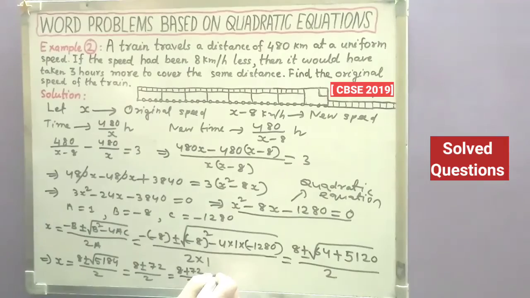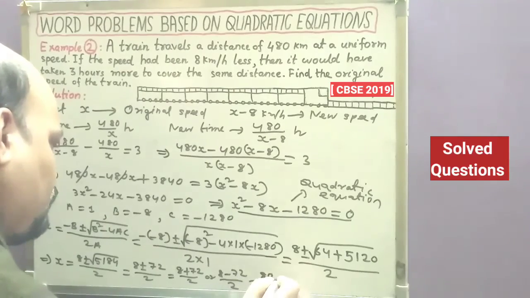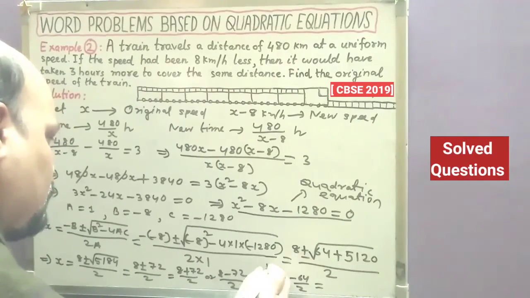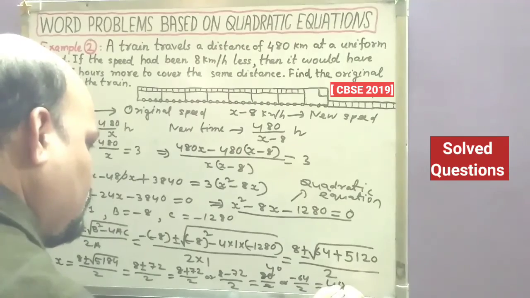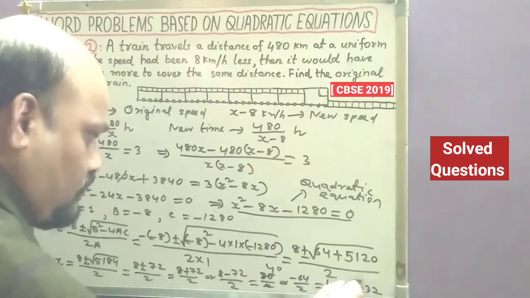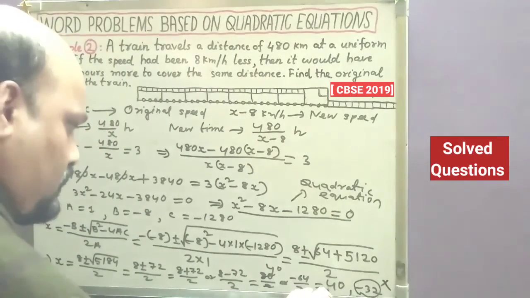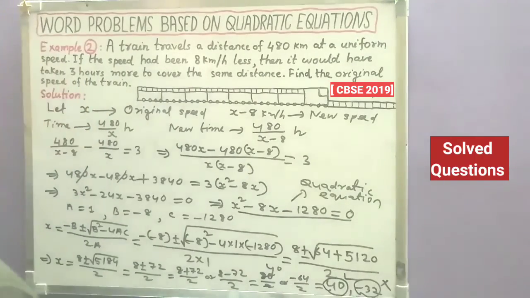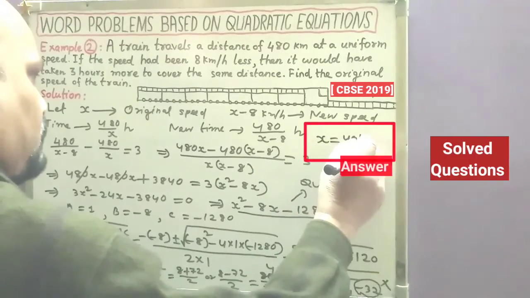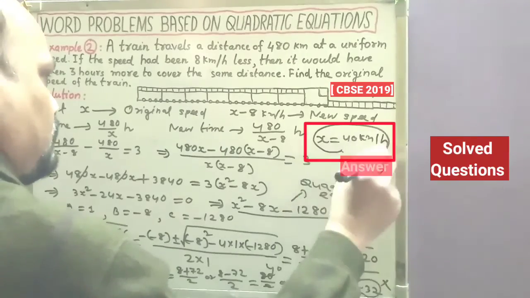That equals 8 plus 72 upon 2 or 8 minus 72 upon 2, that equals 80 upon 2 or minus 64 upon 2, that is 40 or minus 32. Since the speed cannot be negative, minus 32 is neglected. That implies x equals 40. So x equals 40 km per hour is the usual speed of the train.